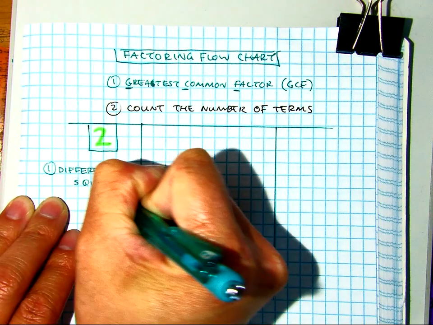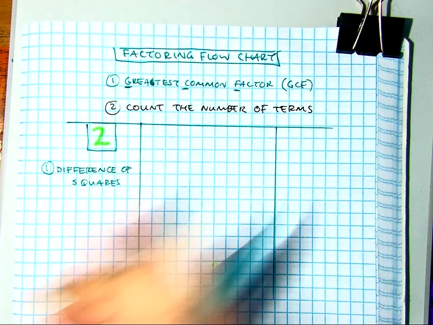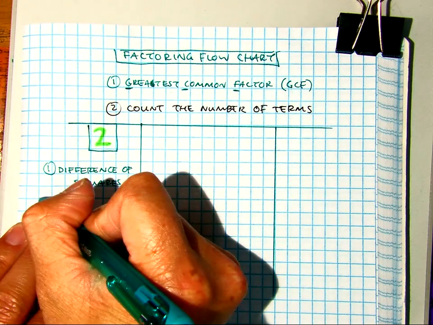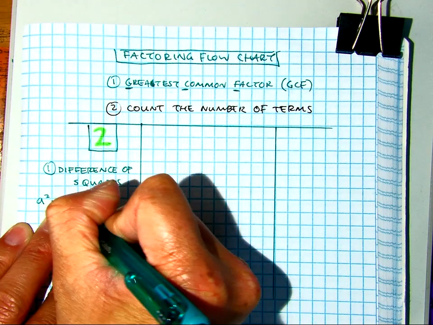And that has a formula of a squared minus b squared equals a plus b times a minus b.